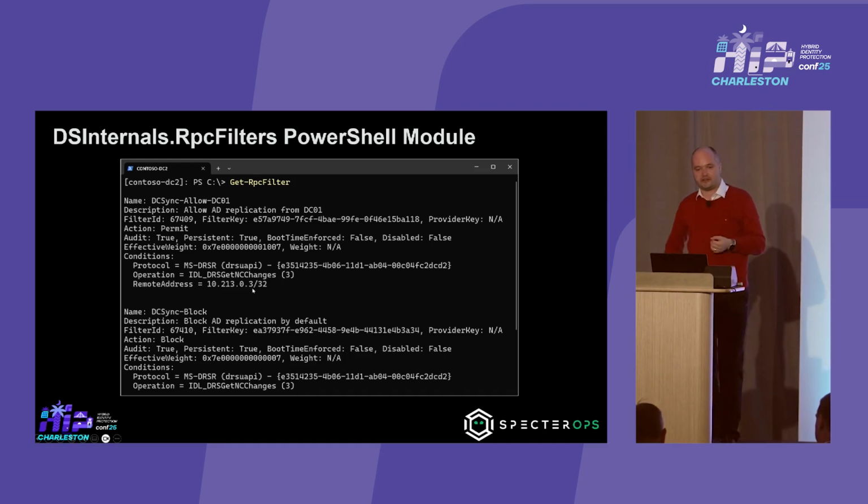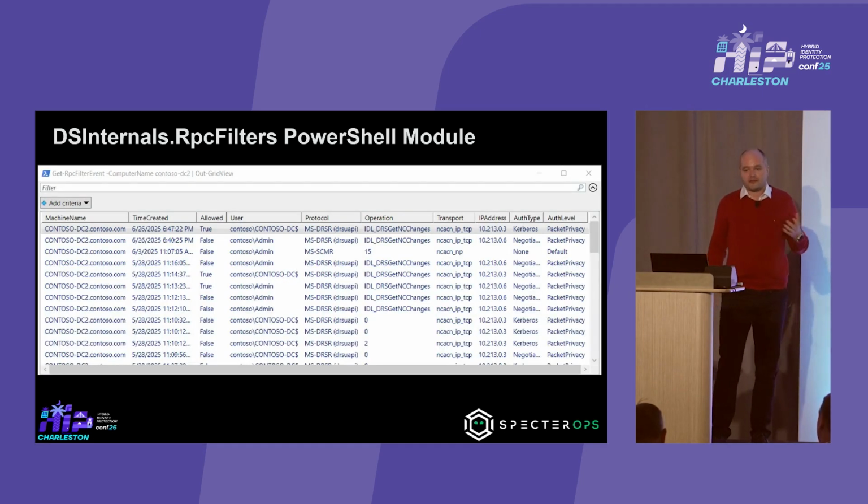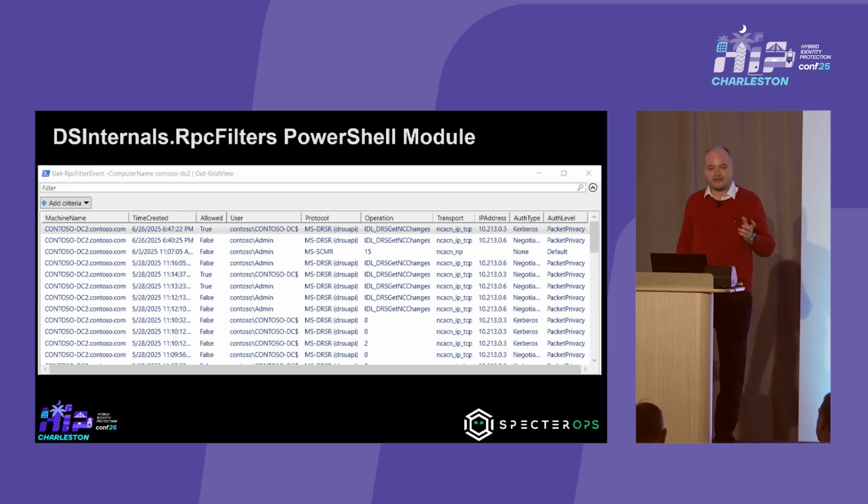So it translates everything. Another command, Get-RpcFilterEvent, can connect to a domain controller or any system, either locally or remotely, and it shows you the security event log. Again, all the data is parsed, so if it knows a specific operation, it translates it into a human readable name, protocol is translated, authentication type 6, I think, is translated to Kerberos and so on.